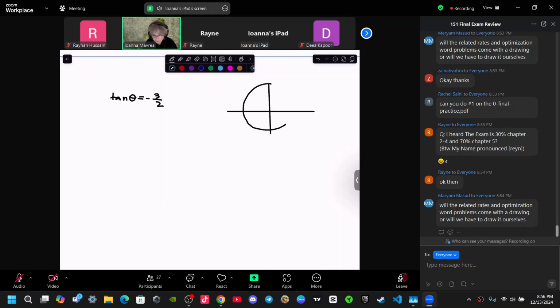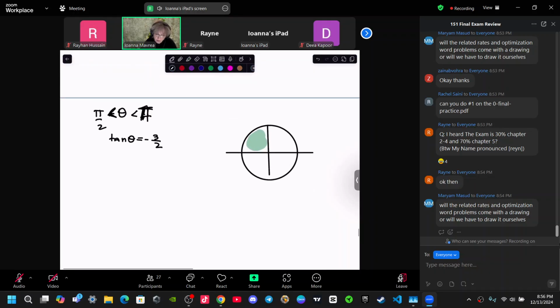So let's pretend that's a circle. That's ugly. Okay. So if the angle is between pi over 2 and pi, then you're over here. Over here, the x coordinate is negative and the y coordinate is positive, right?